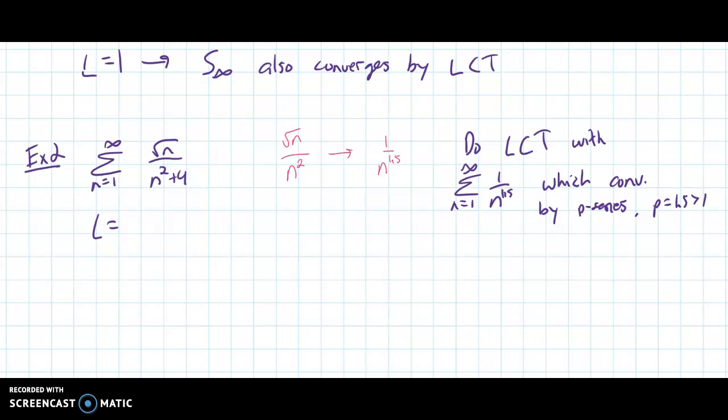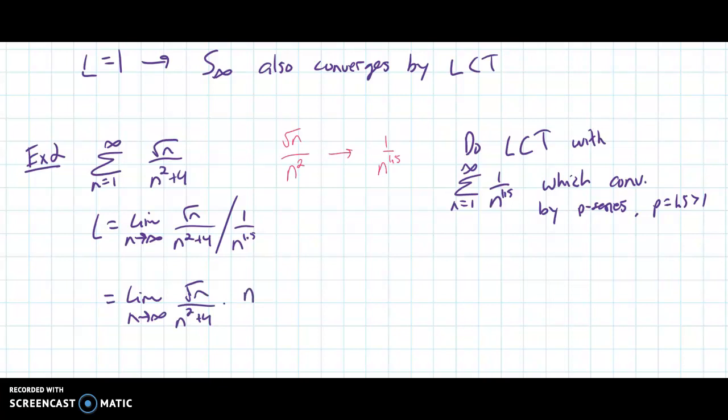So come down here. L equals the limit as n goes to infinity of root n over n squared plus 4, that's a sub n, divided by 1 over n to the 1.5, which is going to simplify to limit as n goes to infinity of root n over n squared plus 4 times n to the 1.5 over 1.